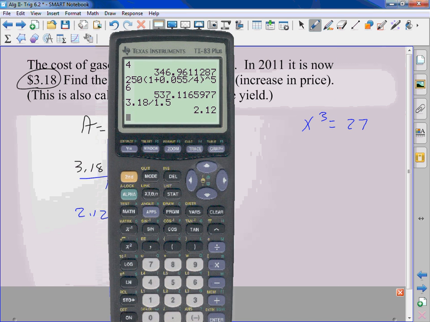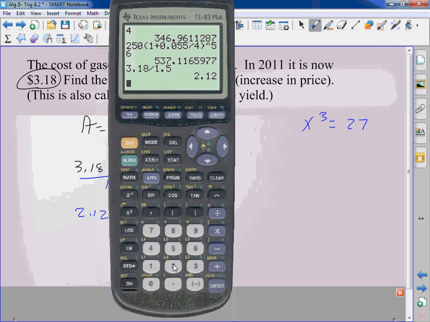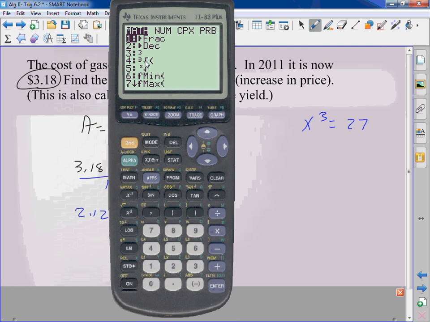How do I solve this one? I don't take the square root, I take the cube root. Why? Because it's X to the third, a little side note. I would take the third root. Now, I could either use the third root button: go into math, there's a third root button.